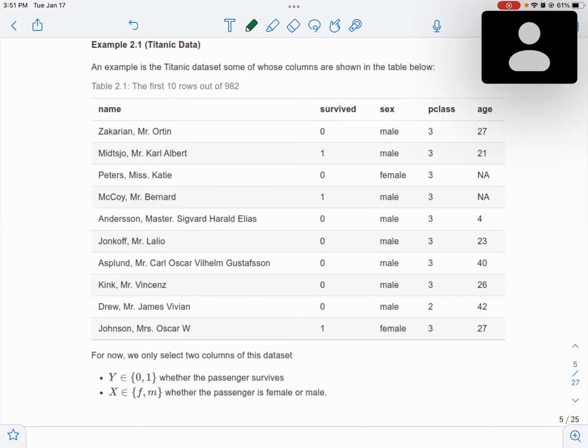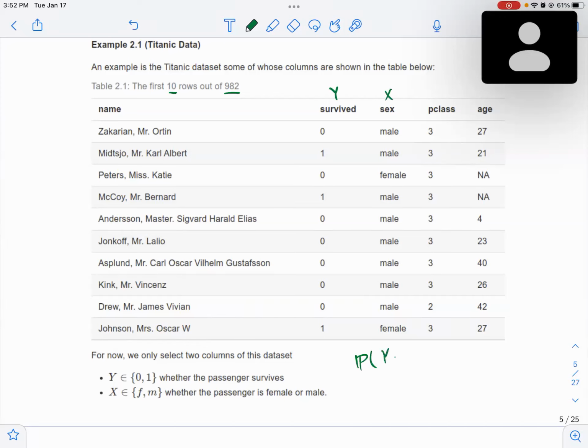Do you recall? Let's say I want to do, which one is harder here? So let's say this is 10 rows out of 982 rows. I'm showing 10 rows, but the total number is 982 rows. And let's say I want to estimate, there are 4 numbers, but let's say this we call y, this was x.